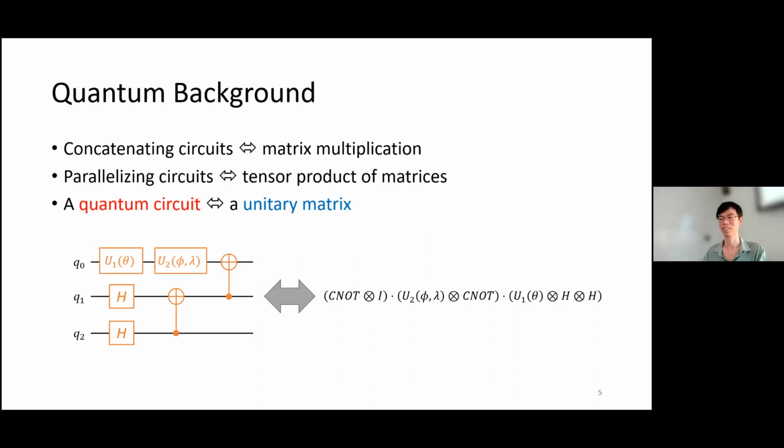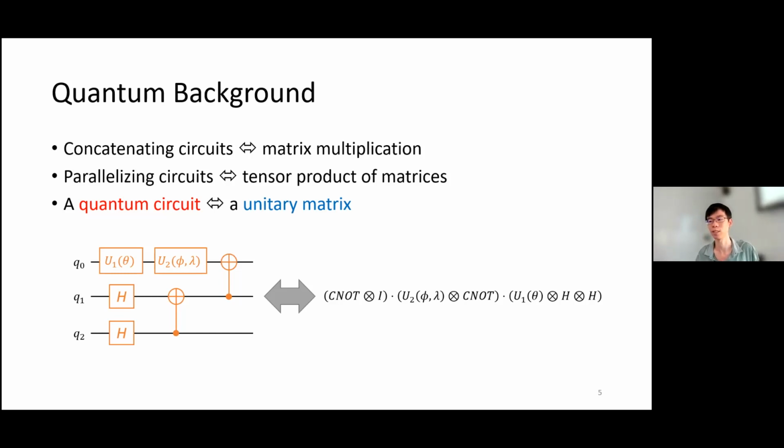The multiplication is nearest to the vector, so if you put an x on the right of these matrices, then after you multiply by U1 tensor H tensor H, you go to the second column, which is U2 and the CNOT.